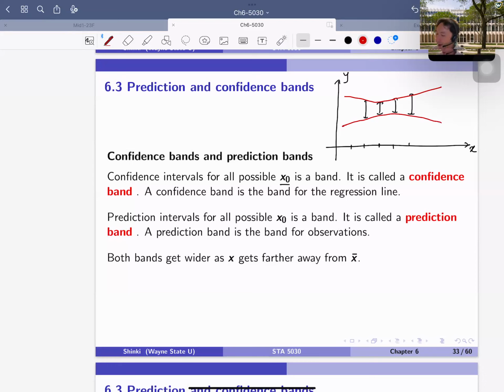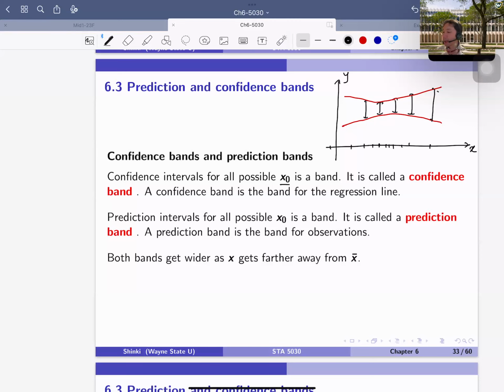Usually the band looks like this, because if we have many observations around here, we can estimate the confidence interval pretty accurately. But if x is outside the range of our sample, it's very hard to reliably estimate the expectation of y0, so the band is wider. So the confidence band is like this.